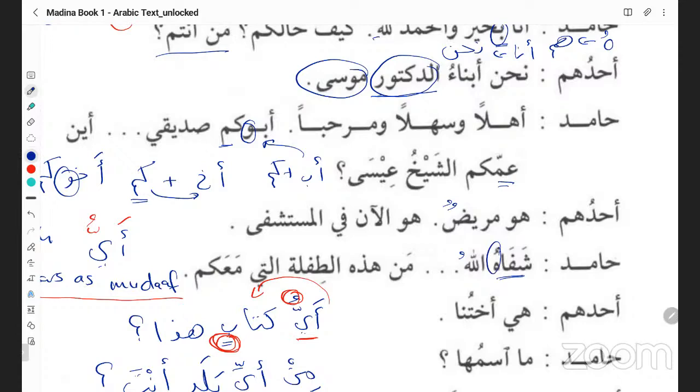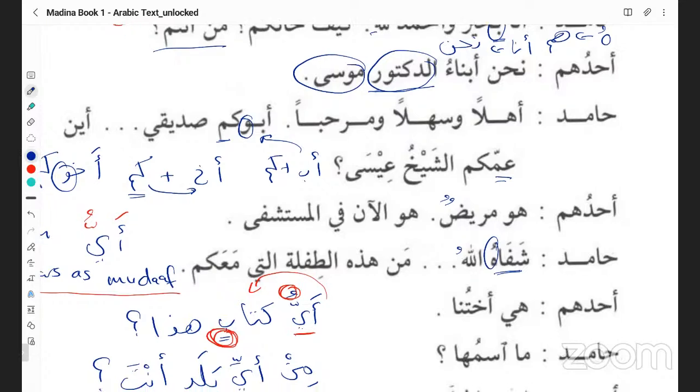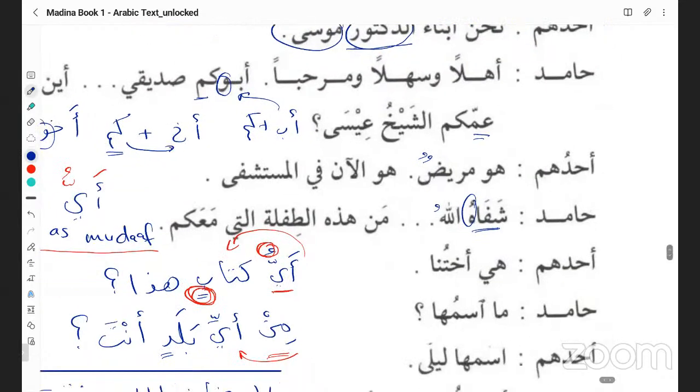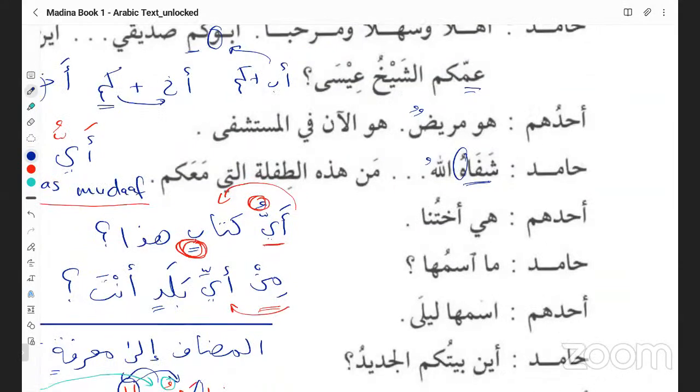May Allah cure him. Man hadhihi الطفلة التي معكم? Who is this young girl child that is with you? طفلة, young girl child. الطفل is a child and طفلة is a female child. So من هذه الطفلة التي معكم?